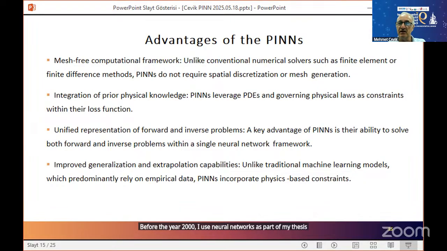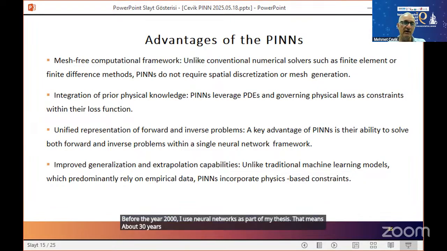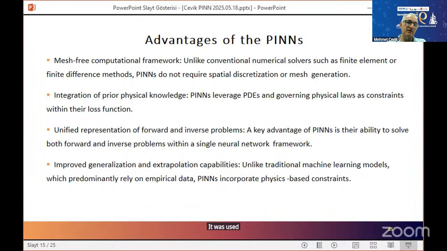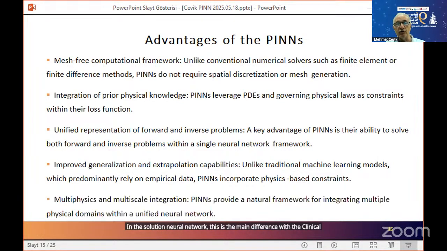That means about 30 years ago it was used. But in those times, we had numerical input data and just output. Today the difference is we also implement the differential equation in the solution neural network. This is the main difference with the classical or traditional machine learning models.